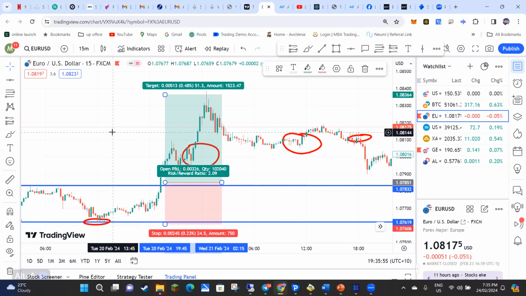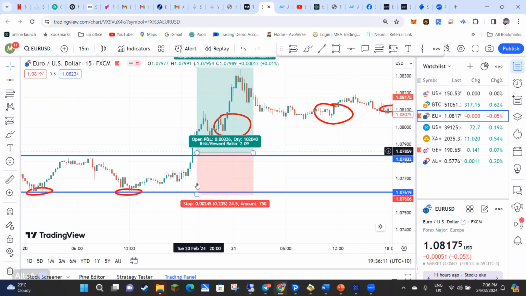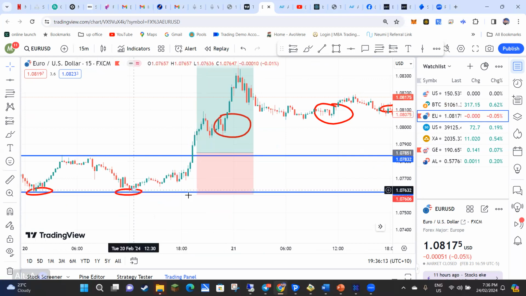And I'm saving a whole lesson for where to place stop losses and take profits. But in this case, we've just determined that the market's hit the bottom here by getting a double bottom. So we're placing the stop loss a little bit lower than that.